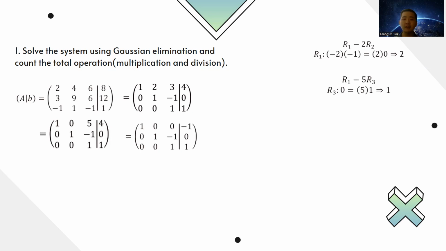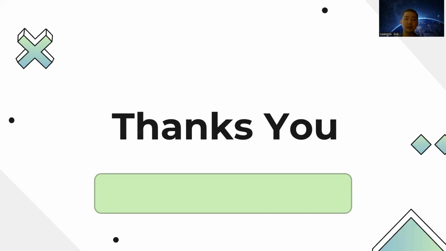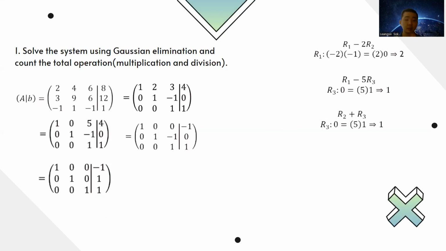We only take the first column of the third row, which is 5 times 1, equal to 1. Next, we will take row 2 plus row 3. There is also only 1 operation because the other columns are 0 or the pivot. In this step, there are 18 operations.